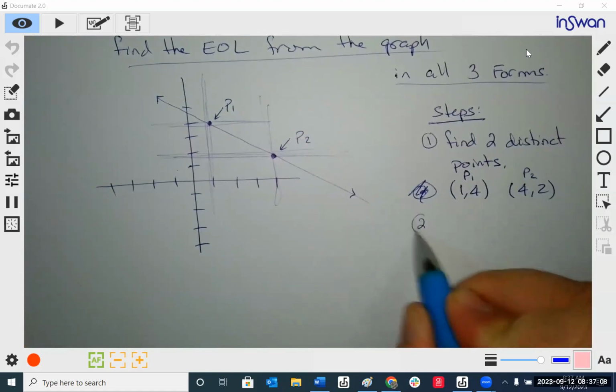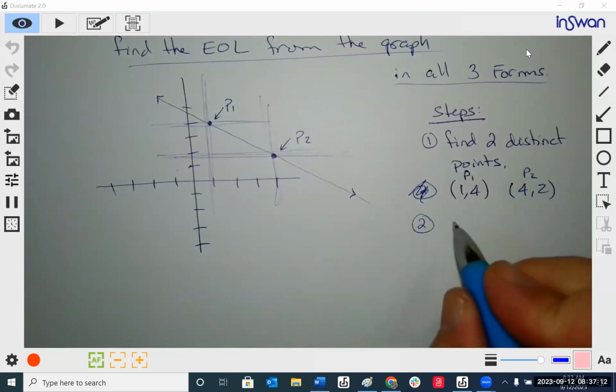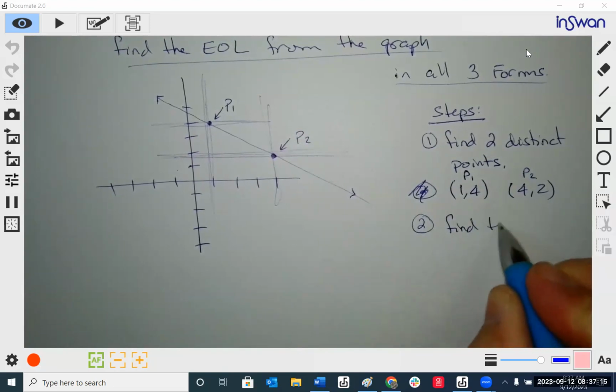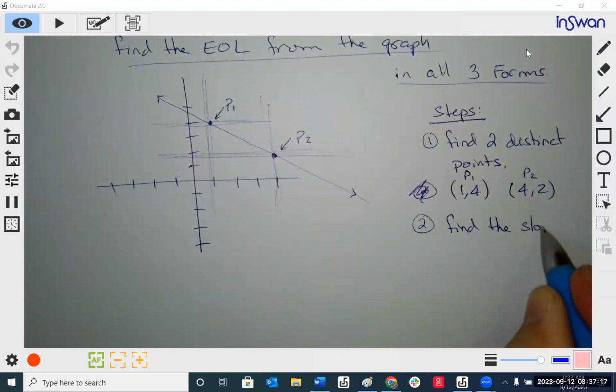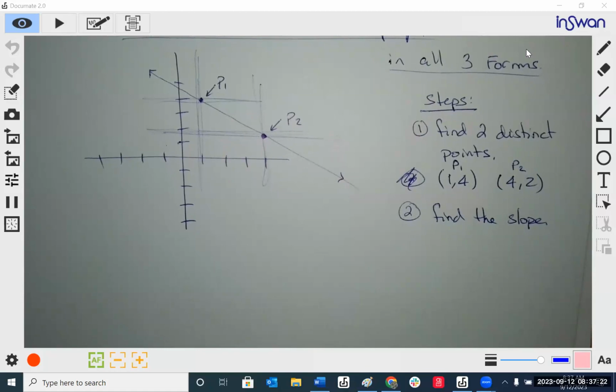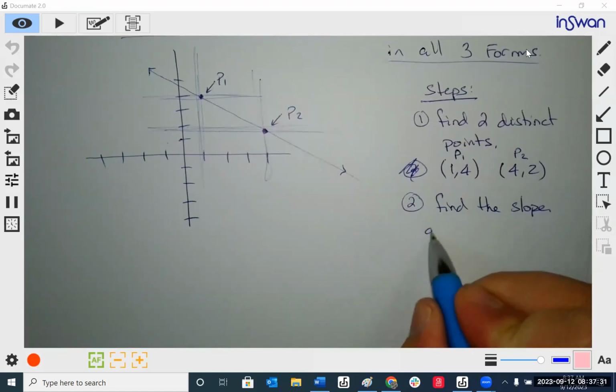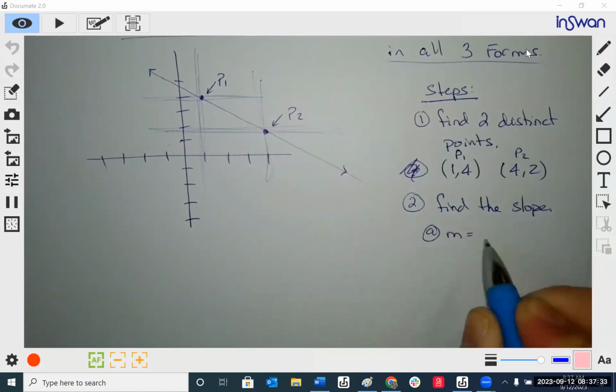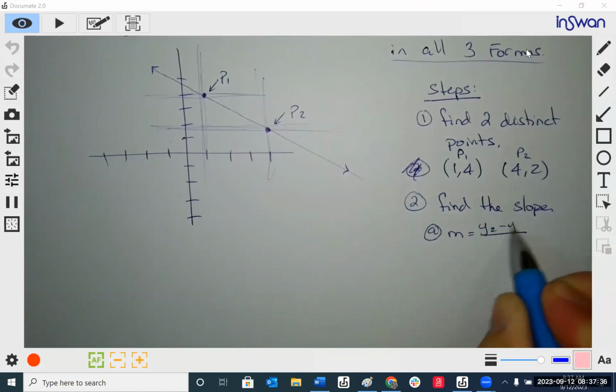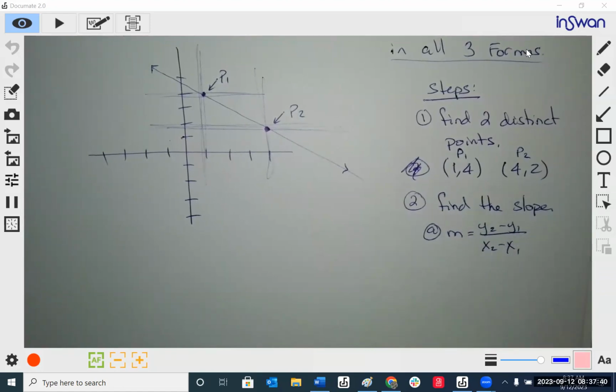Second step. How would you find the slope? One way of doing it is y2 minus y1 over x2 minus x1. Because you have the 2 points, you can plug in and work it out.